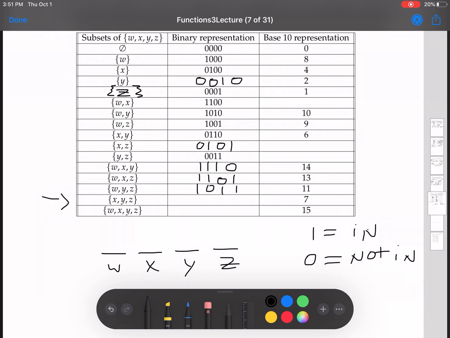Now here we are. We've got x, y, z. X, y, and z, no w, so that's 0, 1, 1, 1. And lastly, we've got them all. 1, 1, 1, 1.